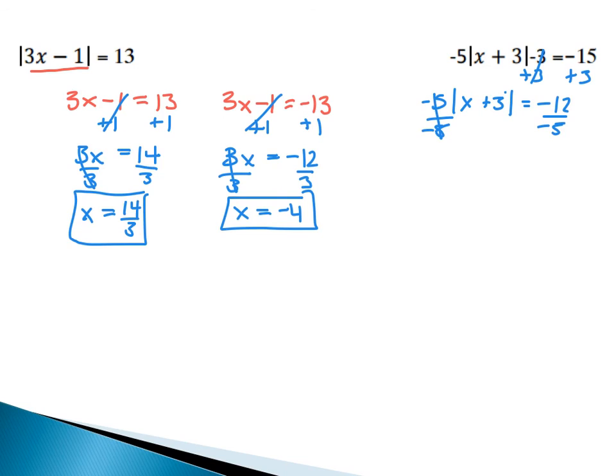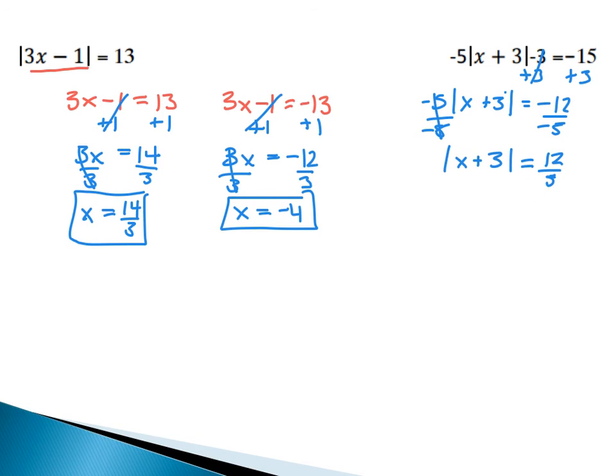Now the absolute value of x plus 3 is going to equal negative 12 divided by negative 5, which is positive 12 over 5. Notice how originally it was a negative 15 after the absolute value bars, but once we've taken our first step and moved everything over to the other side, we end up getting a positive. So this is okay. We're actually going to have a solution.